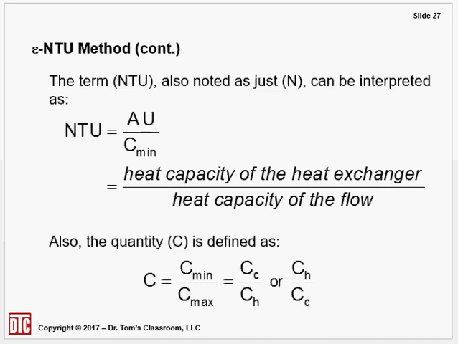Then there's another quantity for the charts and also for the equations, C. So C and N are our two things, and C is the ratio of the minimum over the maximum. Depending on the problem, it can be either C sub C over C sub H or C sub H over C sub C. It could be either way, but you want the minimum divided by the maximum.